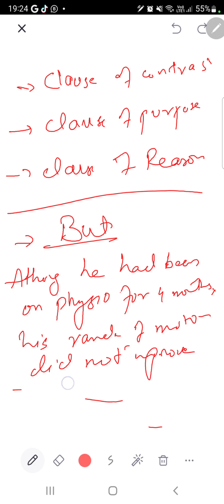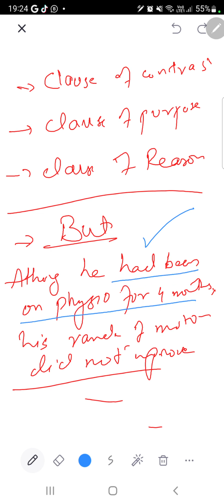So first of all, it will be a clear idea to understand how you would apply clauses. This was a clause of contrast, and in terms of grammar, I have used the past perfect continuous along with past simple because this was far past, even if it was near past. Right.